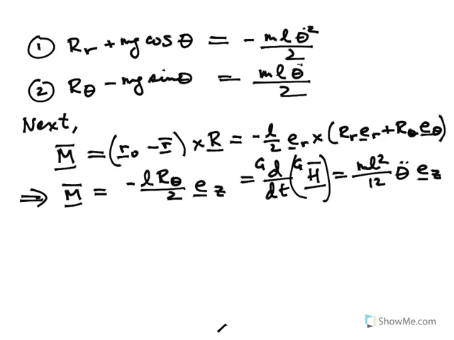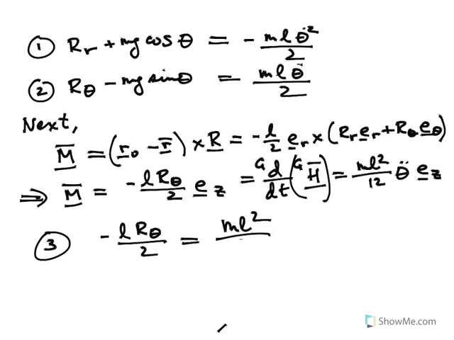So as a result, we wind up with a third equation. The third equation says that minus L R sub theta all divided by 2 is equal to ml squared over 12 theta double dot.